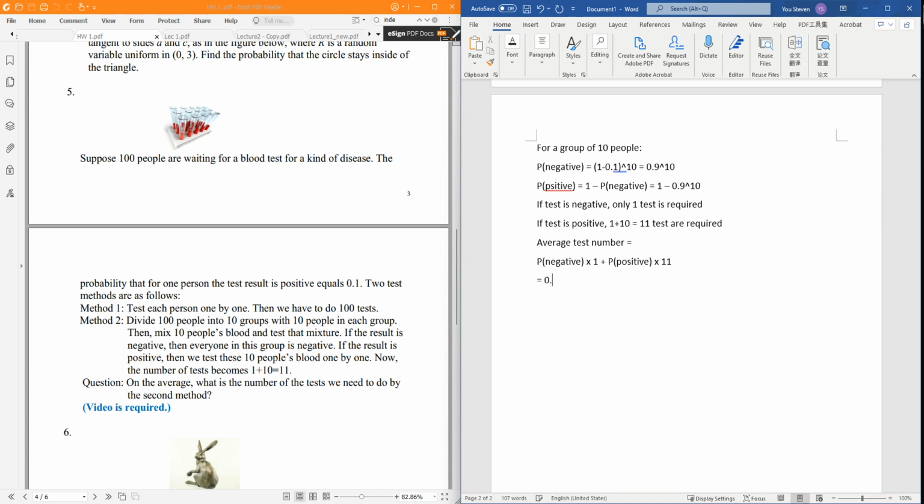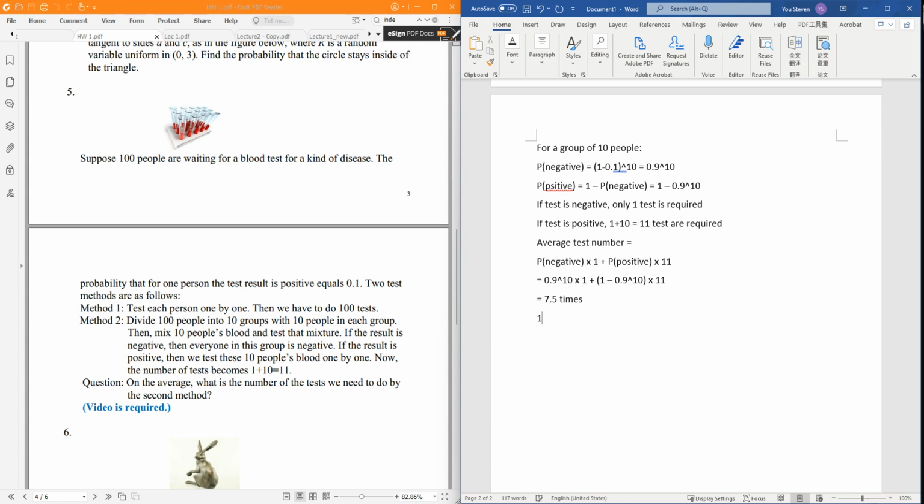It equals 0.9 to the power of 10 times 1 plus this one times 11, so it's 7.5 tests needed on average for each group.